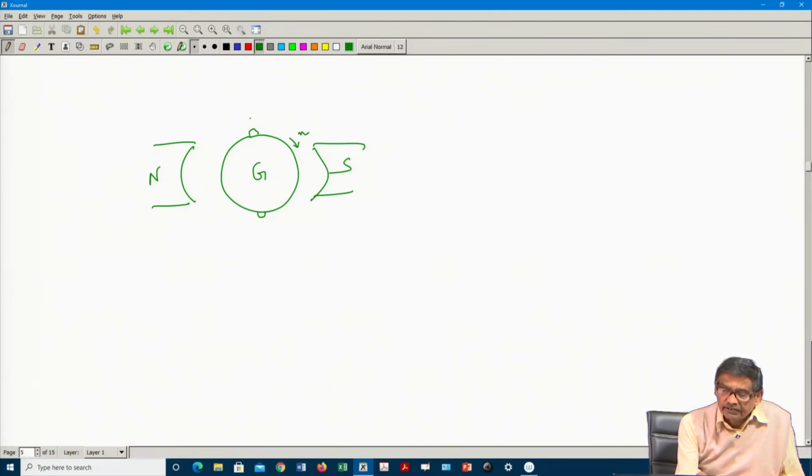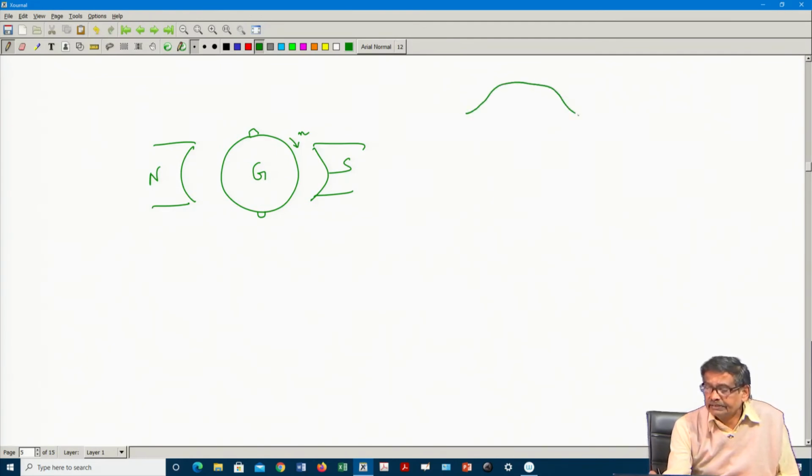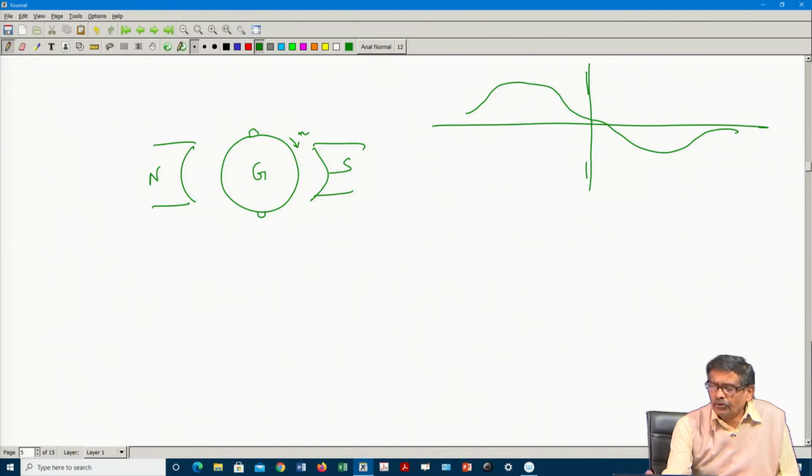There will be no flux in this axis. Okay? The flux distribution will be like this, and that is why it is called the interpolar zone. No flux, 0 flux, when the armature is not carrying any current.